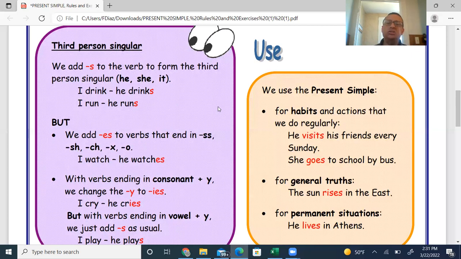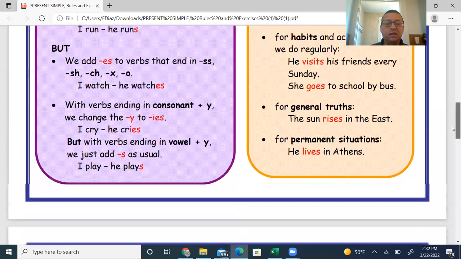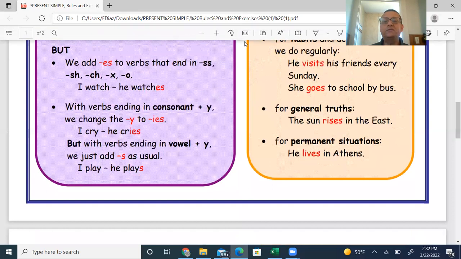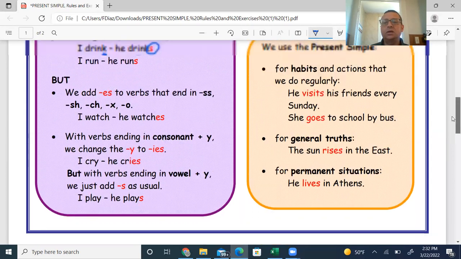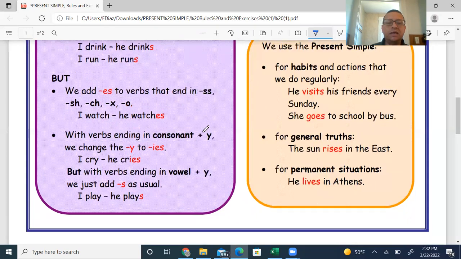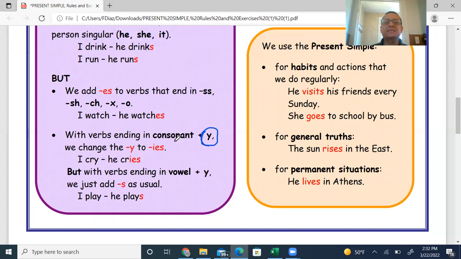Do you understand? All these explanations will be shown to you on a video. Okay? And then one of the most important things, you have to pay a lot of attention to this, okay? For example, if the verb ends in a Y and it has a consonant behind the Y, for example, the word cry, here, you see?